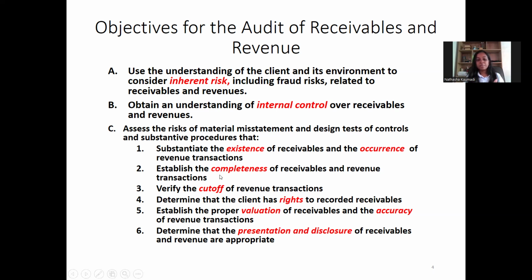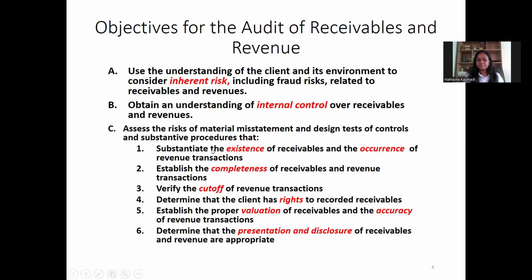And then establish the completeness of receivables and revenue. You use the completeness assertion for both revenue and receivables. And verify the cutoff of revenue transactions. Now, existence means whether the receivables are actually existing as at the end of the day. Occurrence means whether revenue transactions have actually occurred during the period or whether they are fictitious transactions.